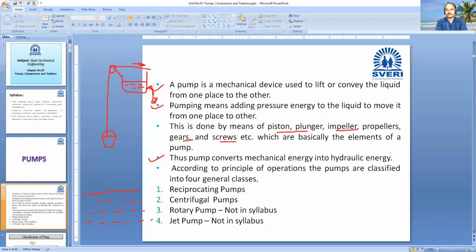No, sir. Because that is not manual. And again, see here, this water cannot move in the upward direction.